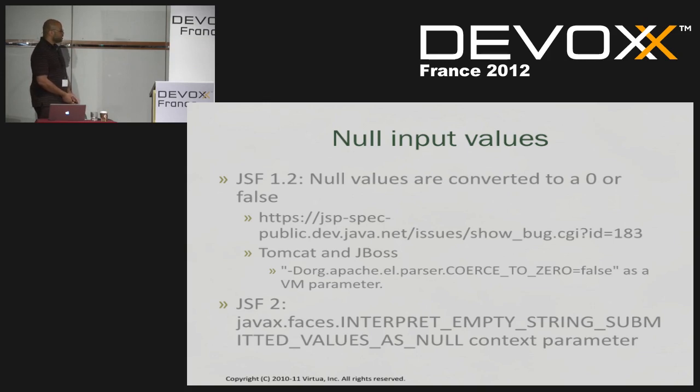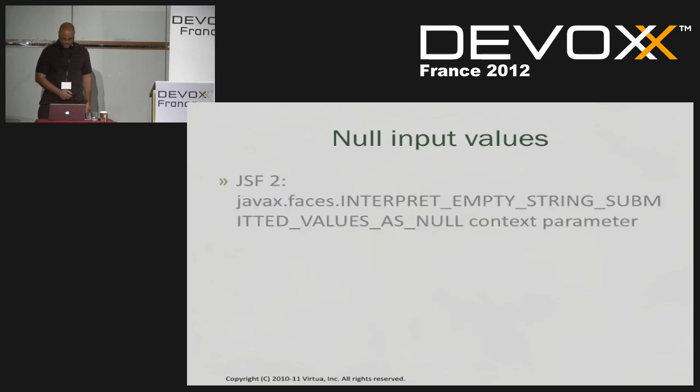But also, you can control this behavior in JSF 2 with this particular context parameter. Okay, so here you can basically say, okay, I want empty strings to be null, or I want them not to be. Okay, and that sort of has a big impact on how things work.